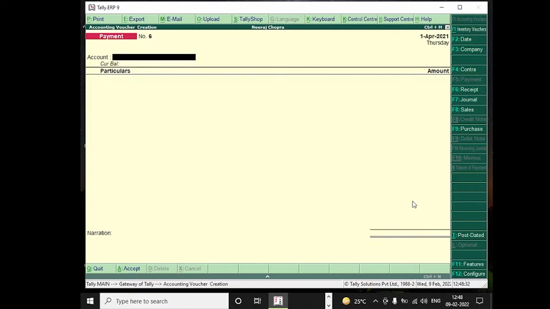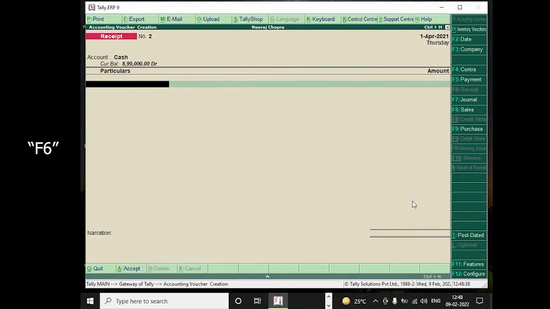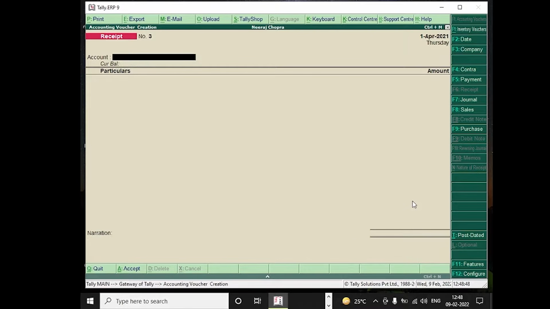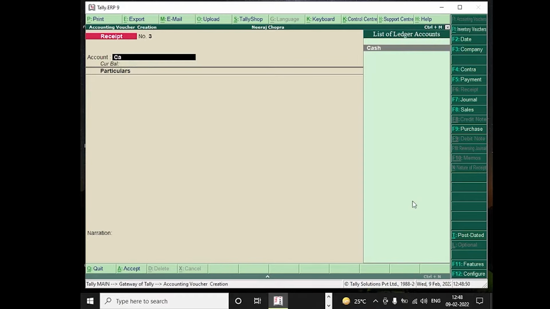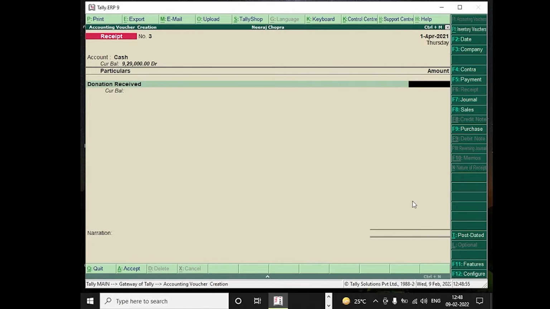Next, fees received. It should be entered in receipt voucher. Press F6 because it is an income for the business. Fees received amount is 30,000. Press enter and accept this. Next, donation received 20,000.